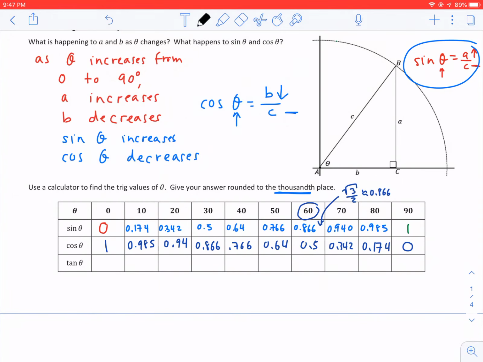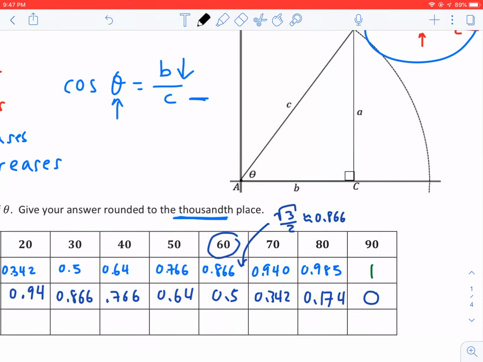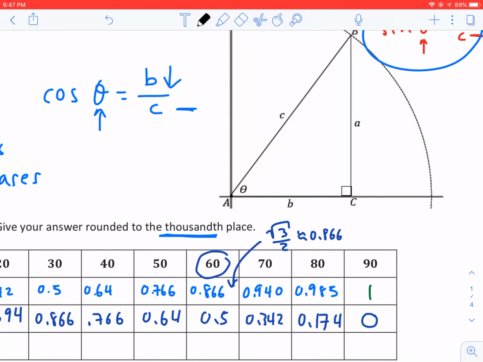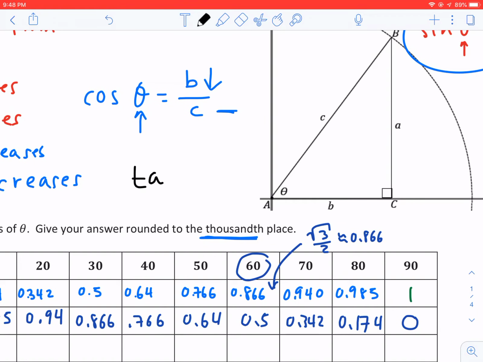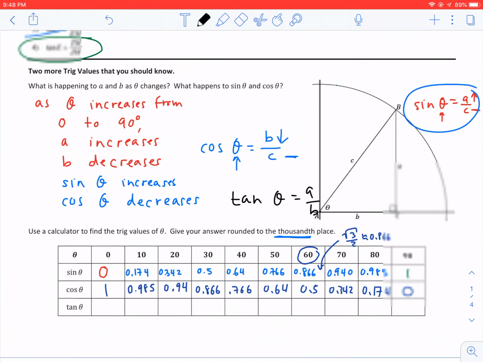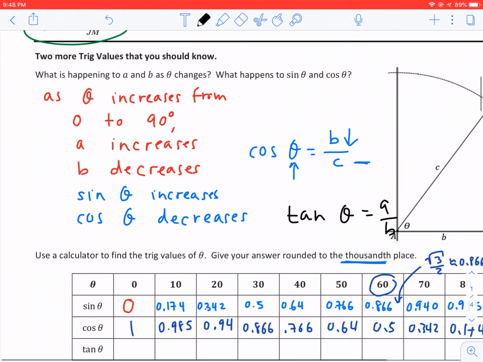And let's take a look at tangent next. So what's happening with tangent? Tangent is opposite over adjacent. So in any of these triangles, it's going to be opposite over adjacent, or A over B. So tan of an angle is going to equal A over B. So what's happening is A is increasing and B is decreasing.